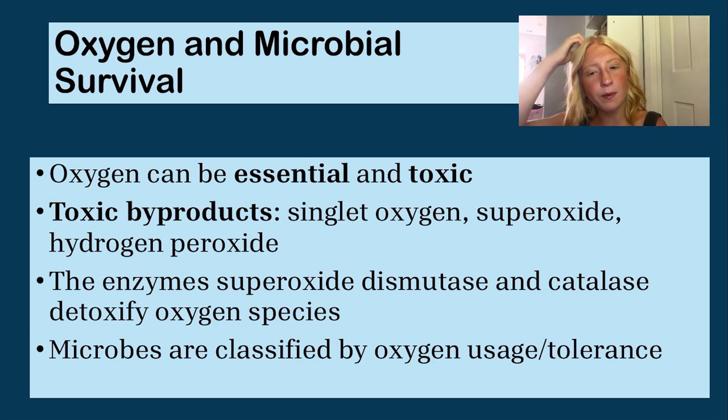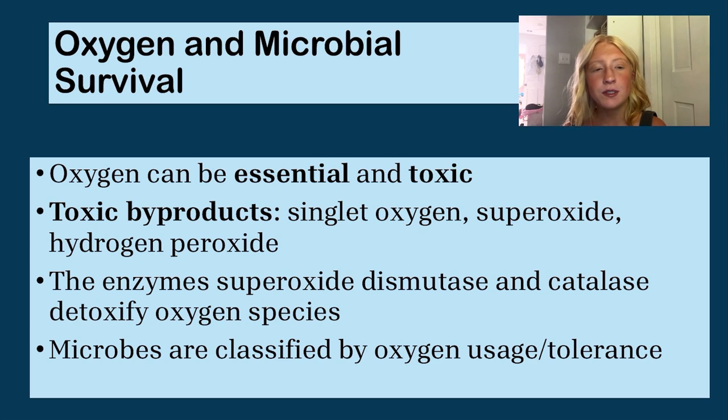So now we're going to talk about oxygen. As we said before, it's usually required for life, but it can also be potentially lethal. Oxygen participates in metabolism, but it also produces radicals as a byproduct, which can damage lipids, proteins, and DNA.